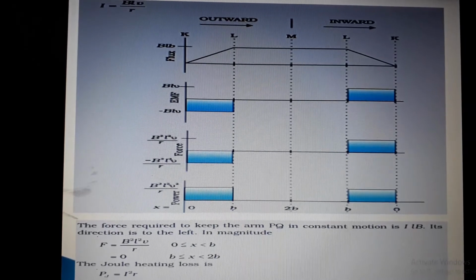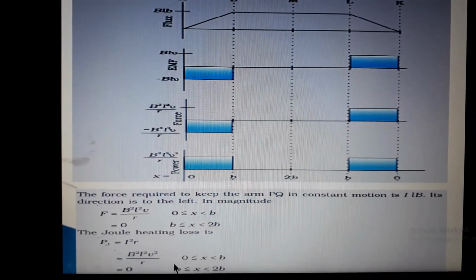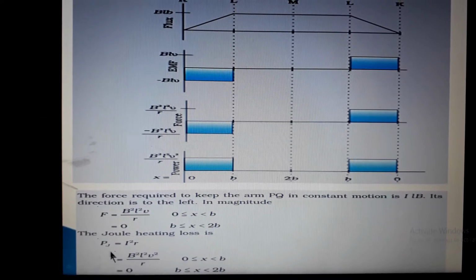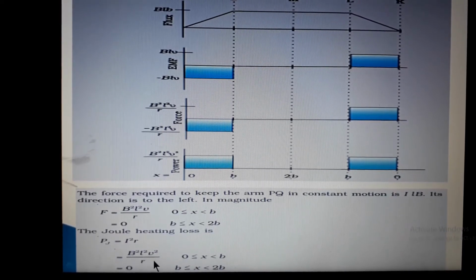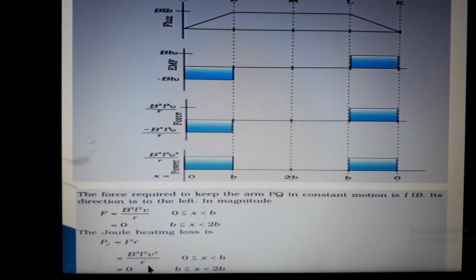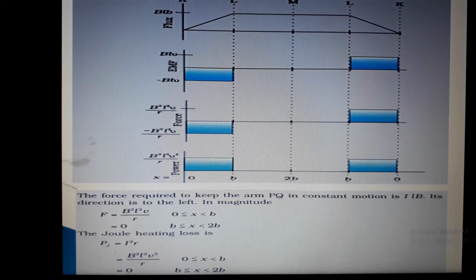Same for the joule power: from b to 2b, the joule power is equal to 0. Otherwise the power is B squared L squared v squared by R. In that way you get the flux phi, force F, and power P.